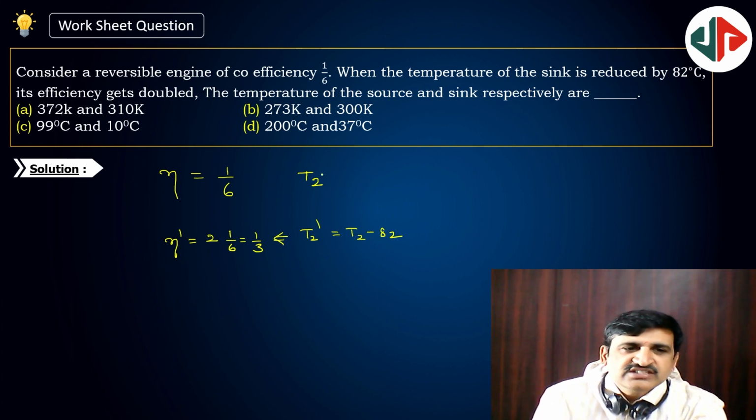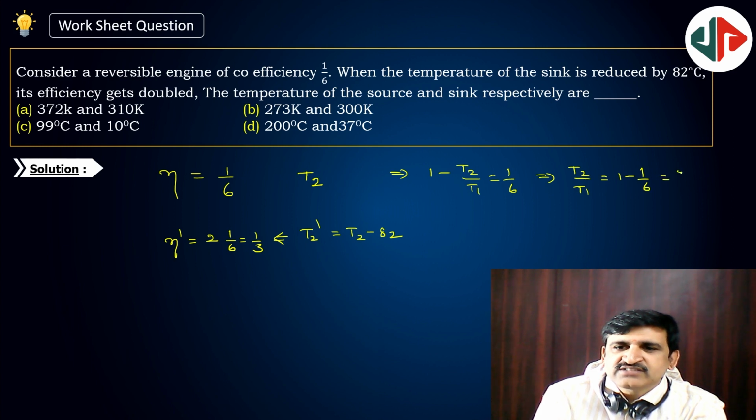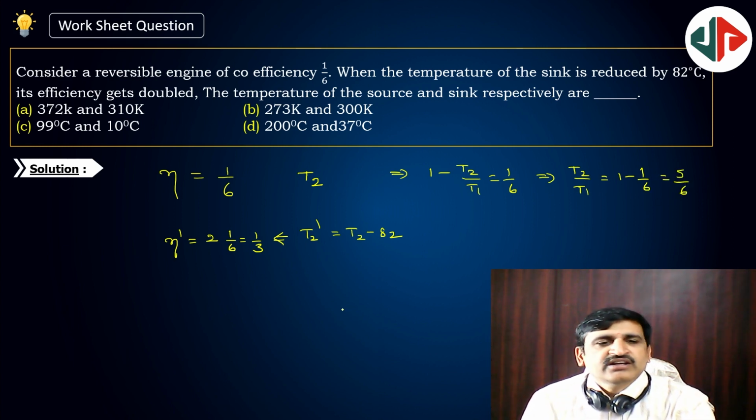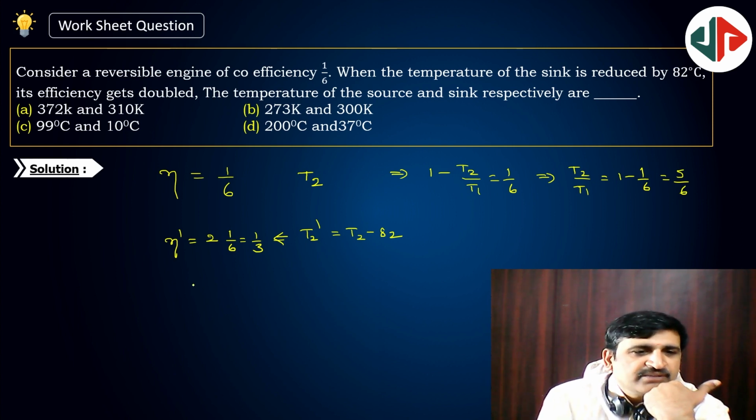First one we can write like this: eta equal to 1 minus T2 by T1 is equal to 1 by 6. So T2 by T1 is equal to 1 minus 1 by 6, that is equal to 5 by 6. Here also we will apply 1 minus T2 dash by T1 dash is equal to 1 by 3.